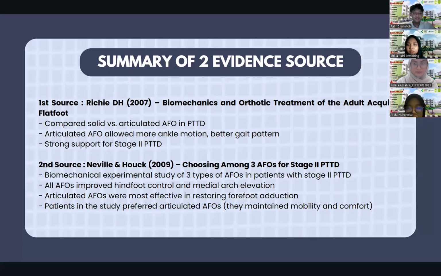Third, articulated AFOs were most effective in restoring forefoot adduction. And the last is patients in the study preferred articulated AFO as they maintain mobility and comfort. Next presenter is Nia Tamiser.